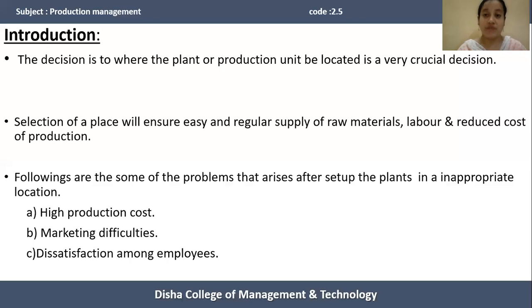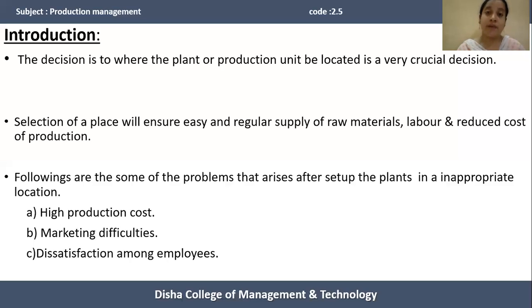Next problem, what the industrialist will face if the location is inappropriate. The industrialist faces the problem of marketing difficulties. If the industry is far away from the market, and in case a sudden high demand arises in the market and the product is not available, the firm has to send their goods to the market, which unnecessarily increases the transportation cost.